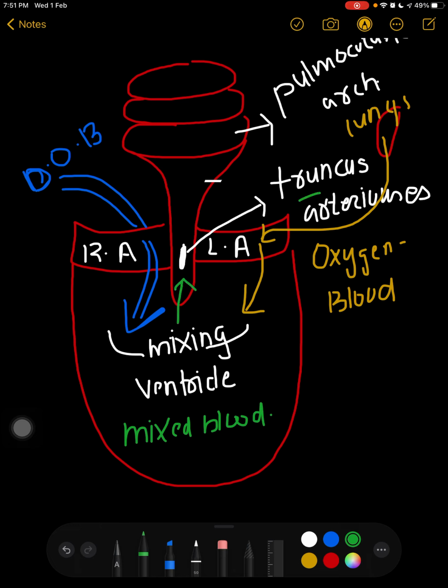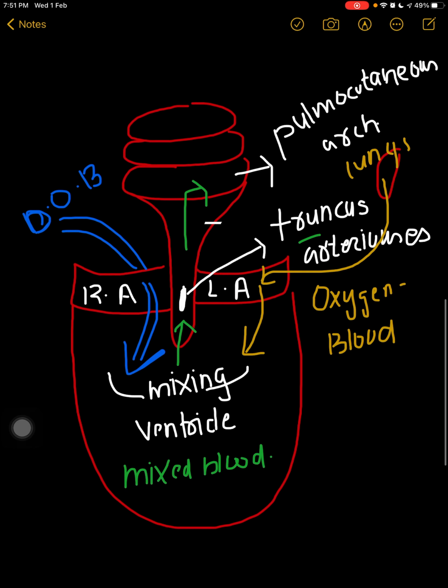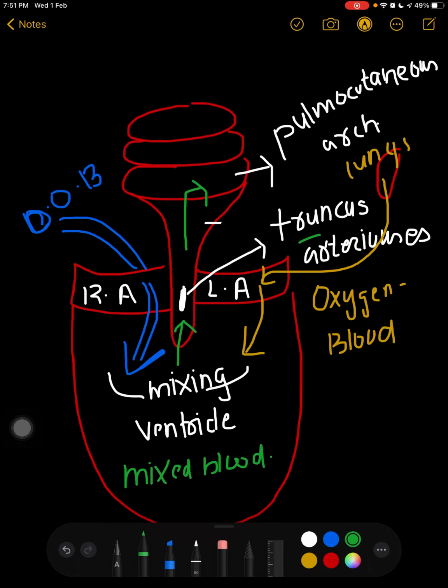This is truncus arteriosus, then truncus arteriosus to the pulmocutaneous arc, and then this pulmocutaneous arc will provide this blood to lungs for the oxygenation and to skin. As I said, this is the heart of amphibian, and amphibians have a feature that they have dual habitat, right, they can live on land plus they live in water, right.